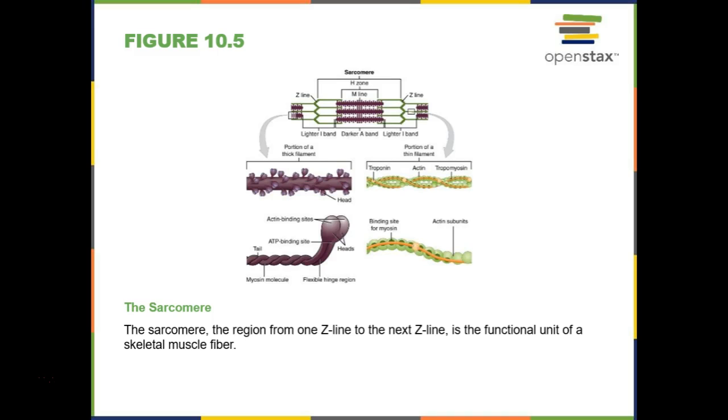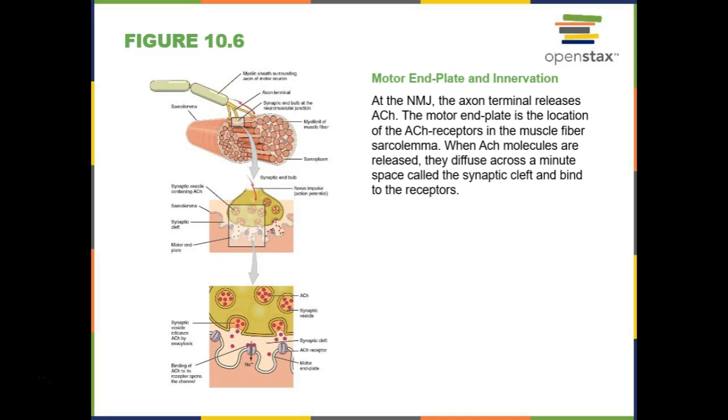So the tropomyosin covers the binding site on actin that myosin typically will bind to. And so the only time we'll actually have a muscle contraction is if troponin and tropomyosin move off of the binding site on actin. So that's why they're known as regulatory proteins, because they regulate that muscle contraction.